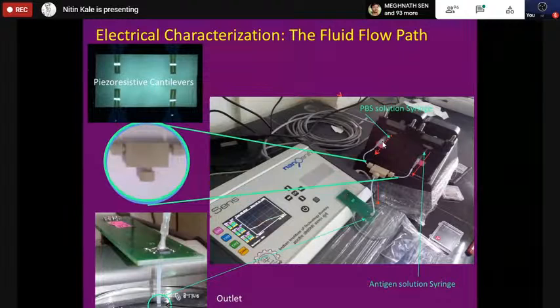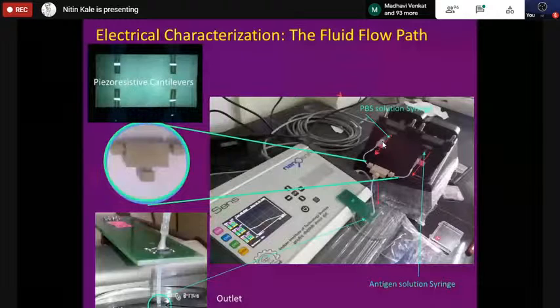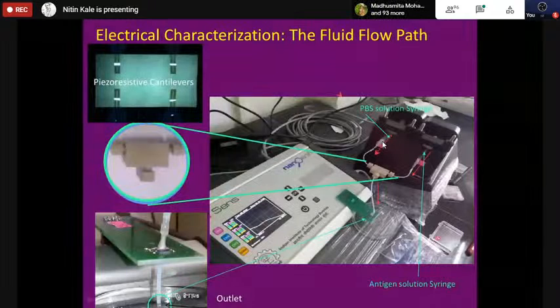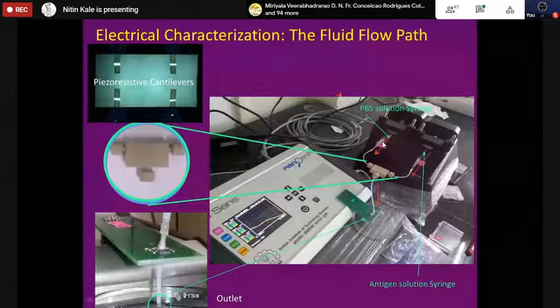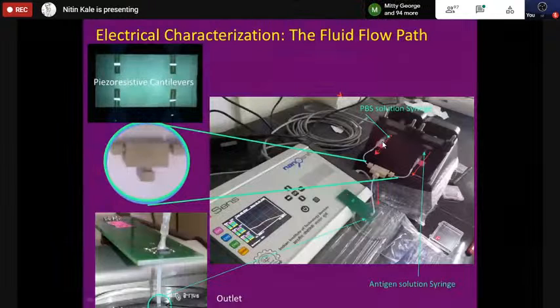What is typically done is, first things are equilibrated. So you flow the liquid through the cantilever for some time, the resistance stabilizes, and then you push in the antigen solution, the thing that you are interested in. So you can see this path now, it is very clear. And what you can also see is that this connector region is connected with the electronics, which is monitoring the resistance of the cantilever.